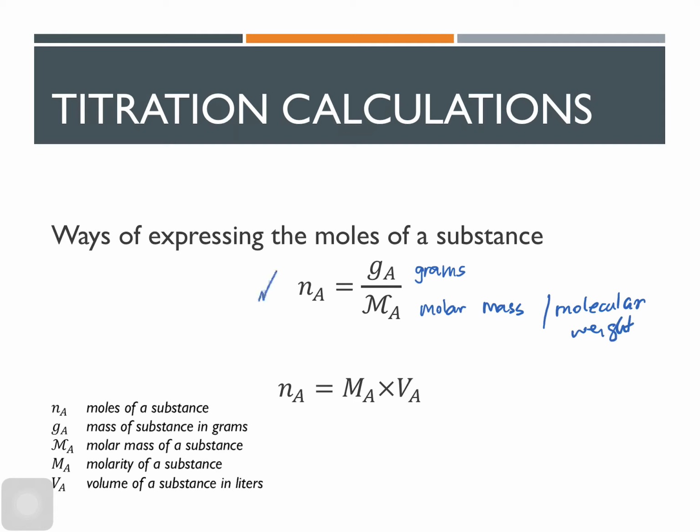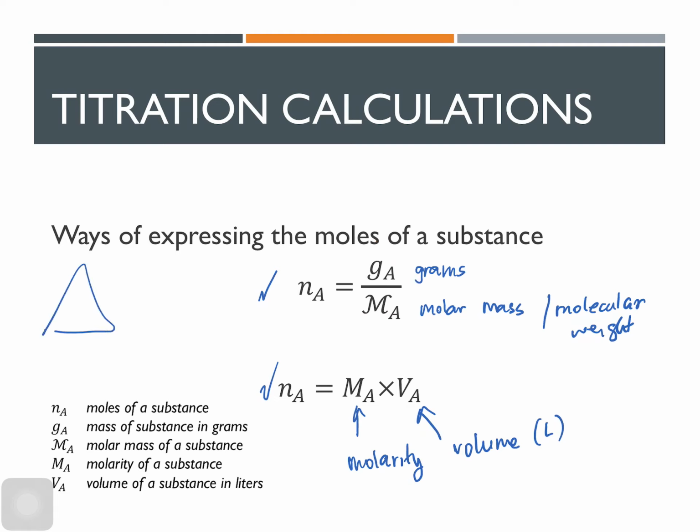The other one is in terms of the volume relationship, which is the molarity of your solution times the volume, in liters. By multiplying those, you can solve for the moles of your substance. If you have a hard time remembering this, you can always use a triangle.